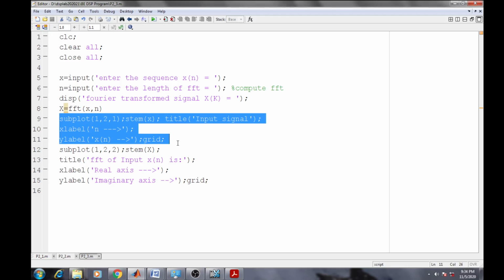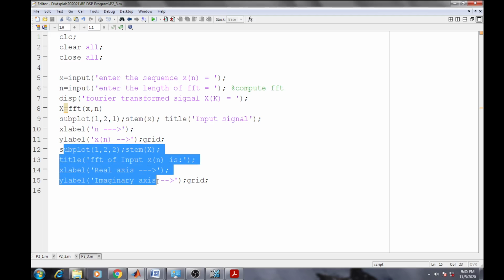Then stem of x means x of n is shown. Its title is given as input signal. Then x label is n, y label is x of n, and grid on. The grid means the horizontal and vertical lines are shown over a graph.